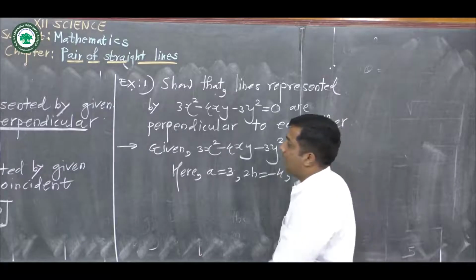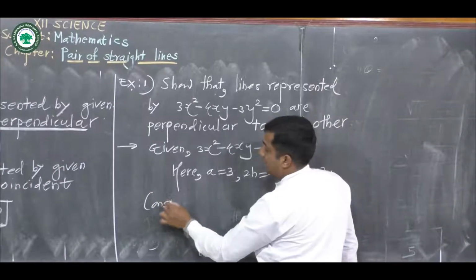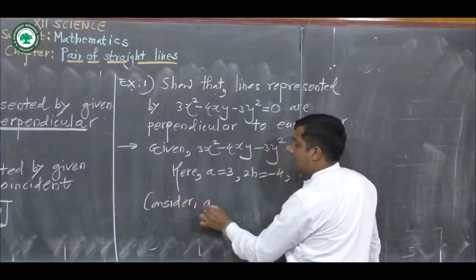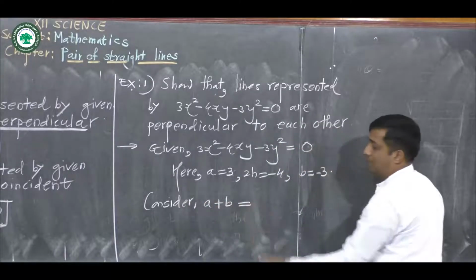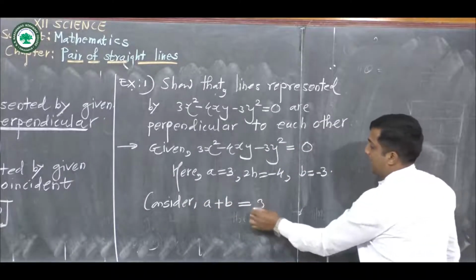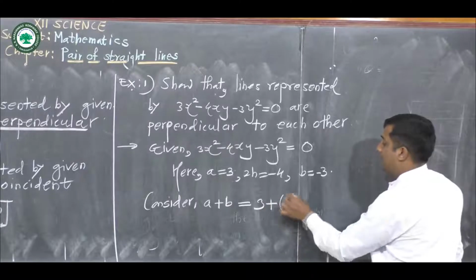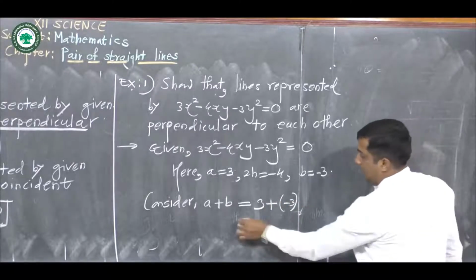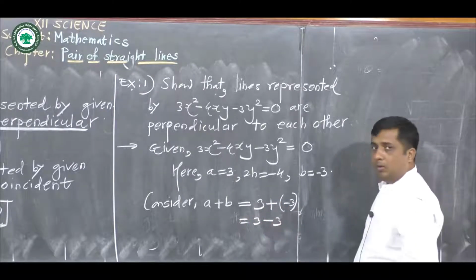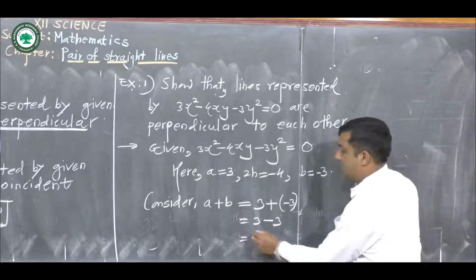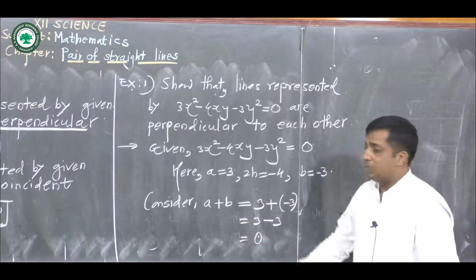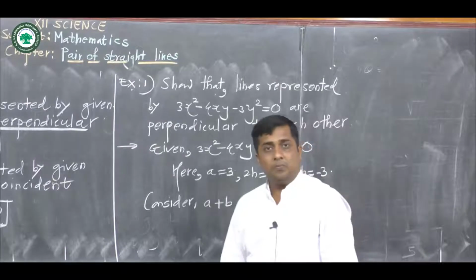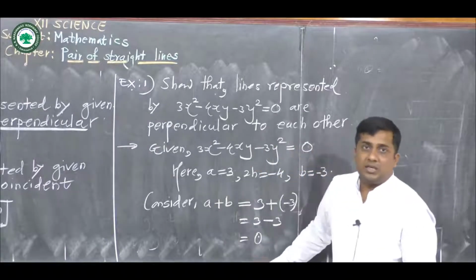Let us consider our condition. Consider a plus b is equal to, we know a is 3, we know b is minus 3. Then we get 3 minus 3, we know 3 minus 3 is 0. So we get a plus b is equal to 0. So the condition is satisfied.